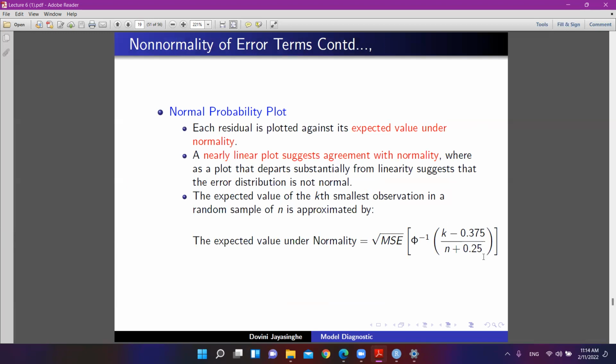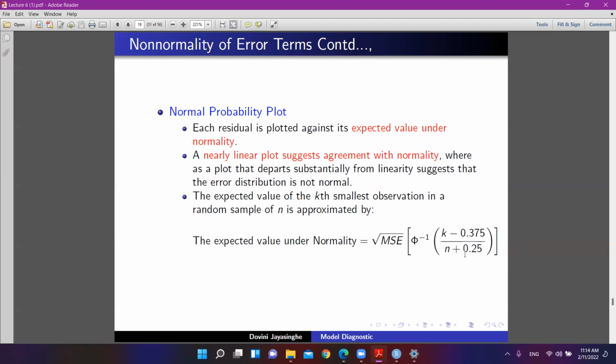So the denominator is going to be 10.25. K is going to change from observation to observation. And the MSE, as I remember, is 2.2. We computed that. So square root of 2.2 multiplied by this, you are getting some number here. That is a probability value, right?